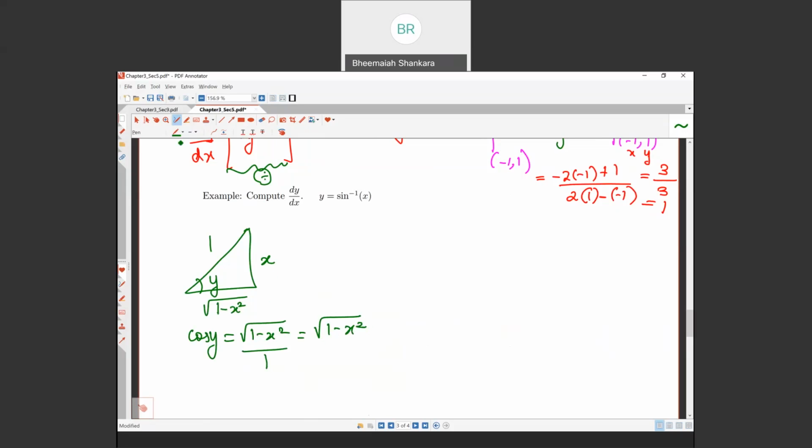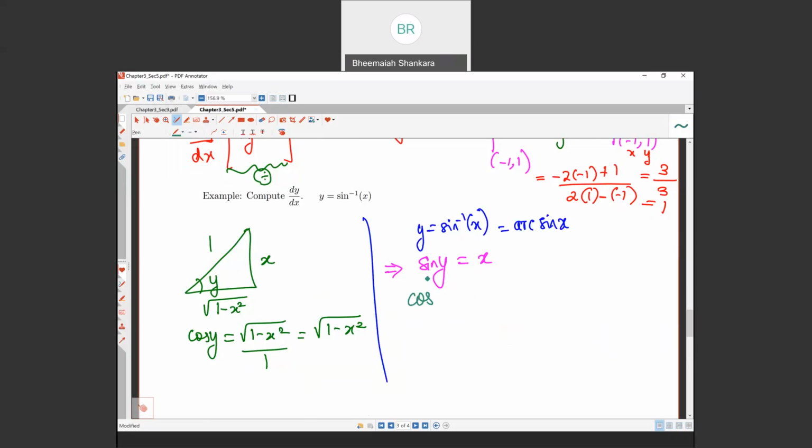Now let's get back to the problem. You have an expression y equal to sine inverse x. You can also call this arc sine of x. Now, this is equivalent to writing sine of y equal to x. When you do a sine on both sides, you have sine y equal to x. Now you're good to derive this, so let's derive it.